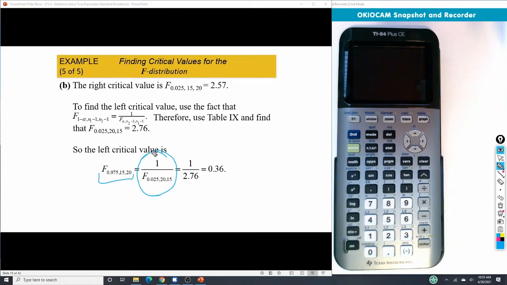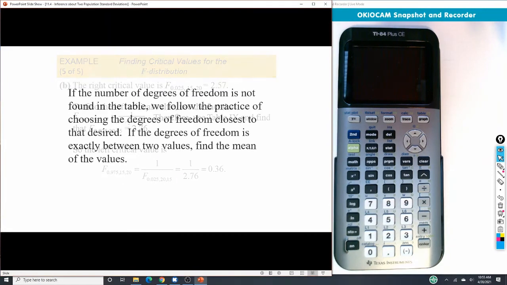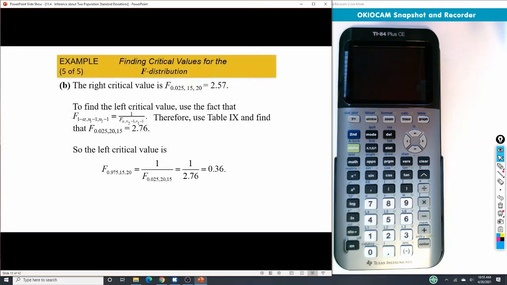Our 1 stays on top, but notice that's 1 minus, so we still get that 0.025, and then I switched the positions of the 15 and 20 to get my new numerator and denominator. When I go to the chart, we get 2.76, and then do 1 divided by that. Those would be our 2 critical values.